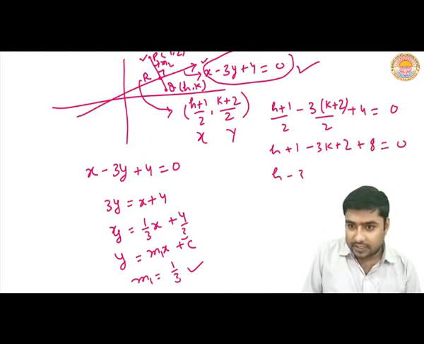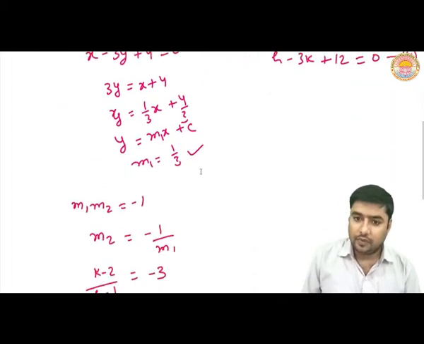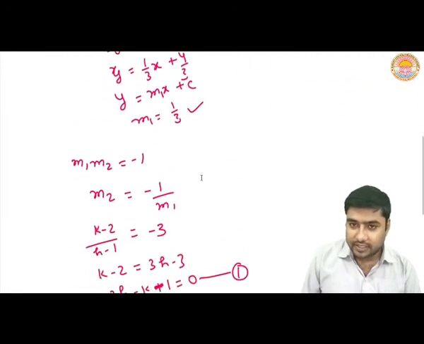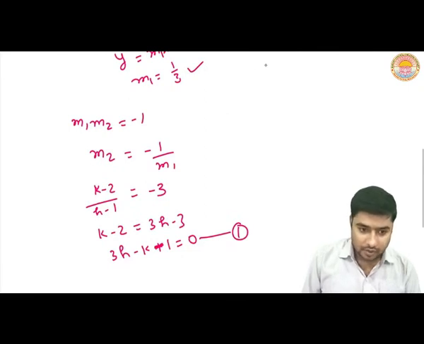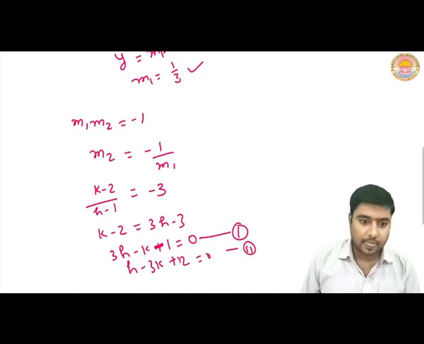So h minus 3k plus 12 equals to 0. This is the second equation. Now we find the first and second equations and get the values of h and k.